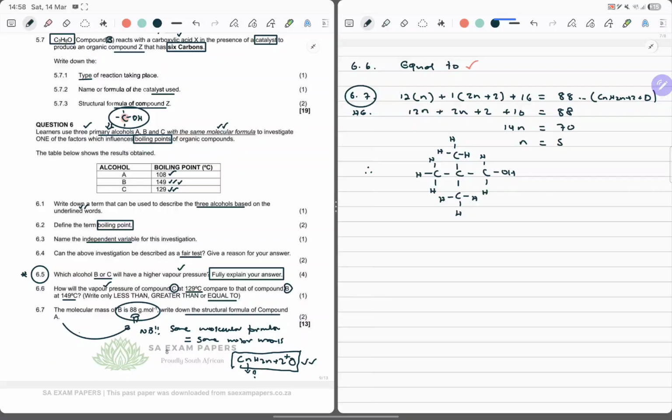This is a higher grade question, because no standard grade student would know what to do under this circumstance, because they won't even know why they are being given the molar mass and what it means, and how they could use the general formula to generate an equation to work out how many carbons, because you can't draw a structure of organic molecules if you don't know how many carbons they have. So be very careful, guys. The number of carbons is very important. Can even write here 5 carbons, because that's what we are interested in.